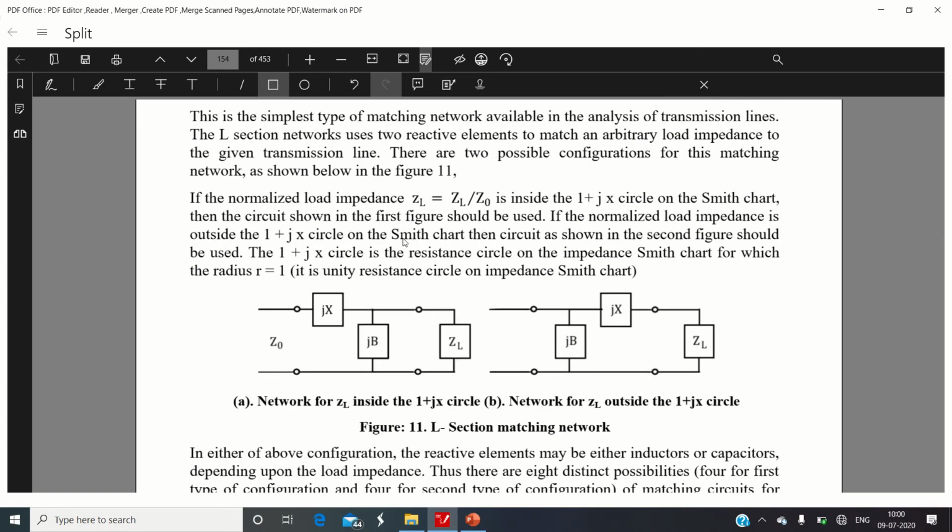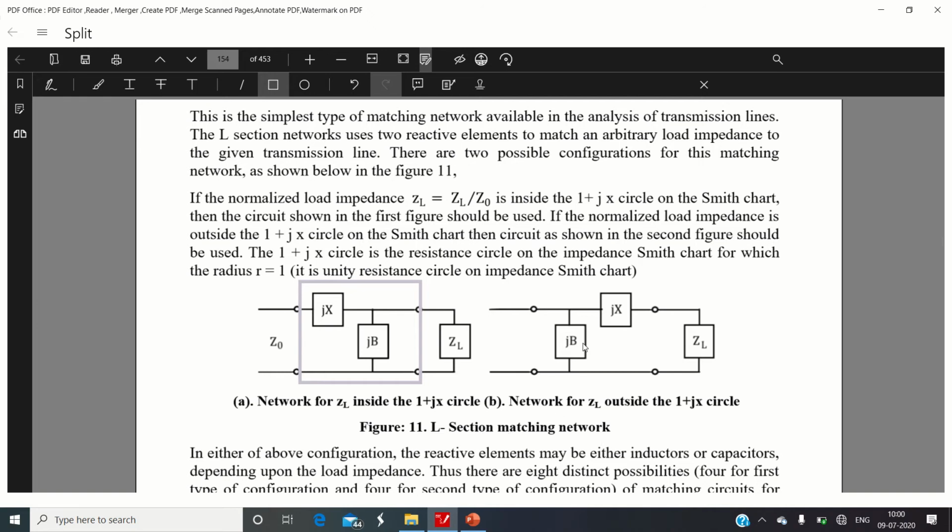If you observe carefully the diagram below in figure 11, there are two diagrams. Let us discuss the first diagram first. Here we observe the L-type circuit, which I am highlighting. This is that particular matching circuit.